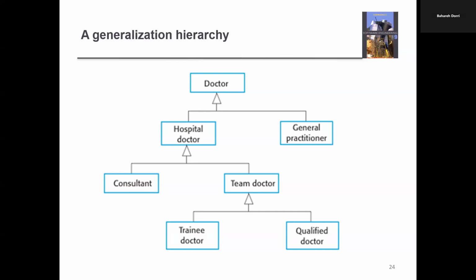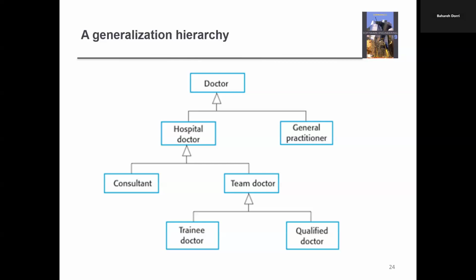From there, we have two direct subclasses, hospital doctor and general practitioner. Both of these inherit from doctor, meaning they get all of its properties and behaviors by default, but they may also have their own additional features. For instance, a hospital doctor might work in a ward, while a general practitioner runs a clinic.